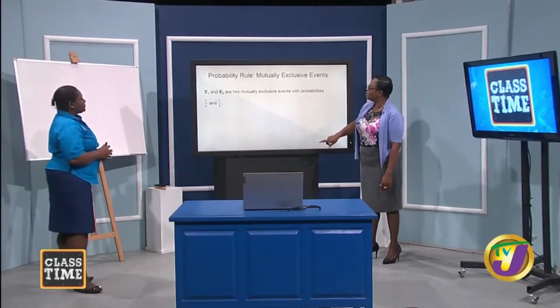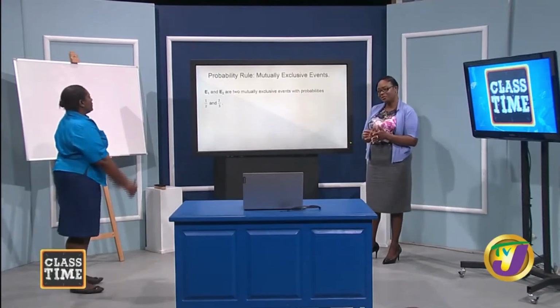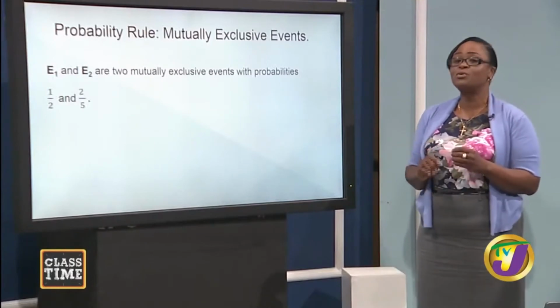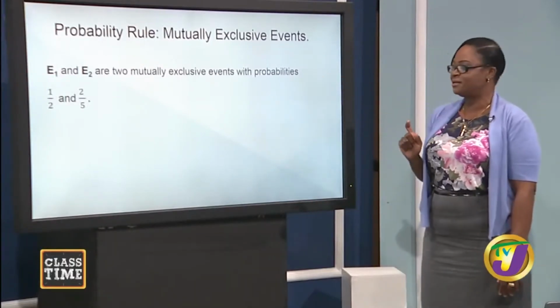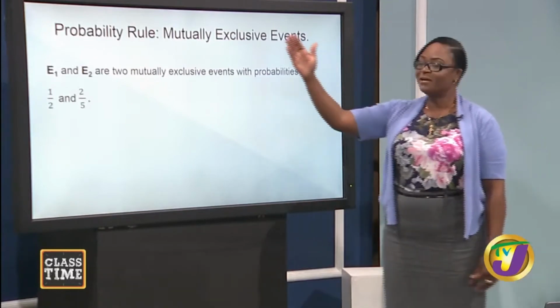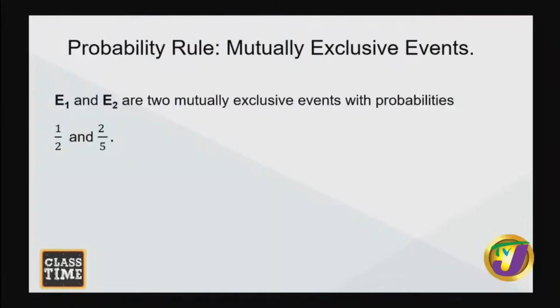Good, so let us continue with the application of the probability rule. Now this question is just a little different. It says we have an event 1 and an event 2, which are two mutually exclusive events, and they have the probability of event 1 being 1/2 and event 2 being 2/5.